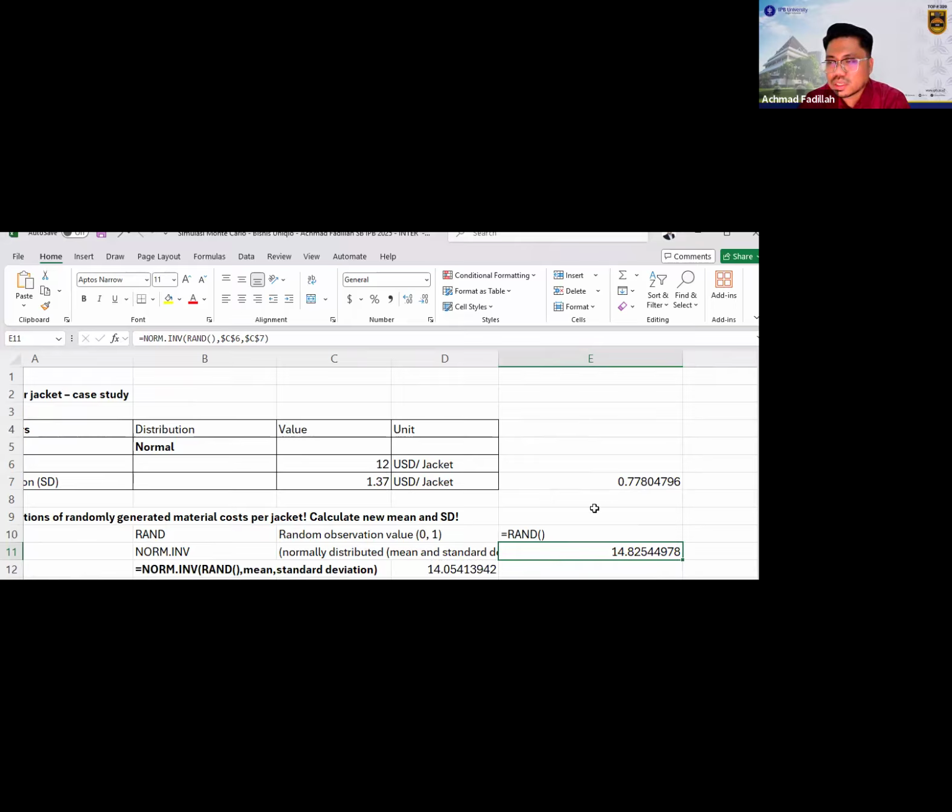It's higher than the average price of the materials. That simulates the real world situation, right? In the real world, the material cost, about the cotton, the coloring process and so on, can be higher and lower than the average. It's a different story with a constant. You can just press F9.